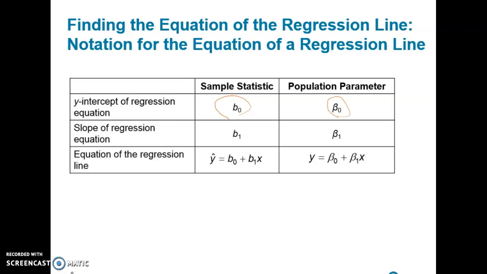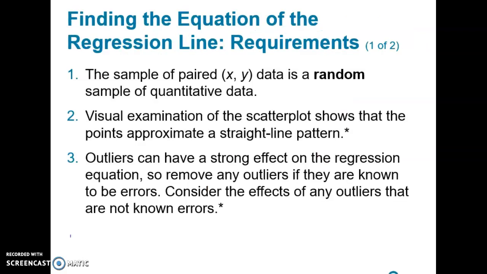So the only difference here you see on the left and the right is that for sample statistics, when we're coming up with our equation for our line, we have lowercase letters, and we have y hat as an approximation. This triangle on top is called y hat. But then for the population itself, we have capital letters here, and we can use y because it's not an estimate at that point.